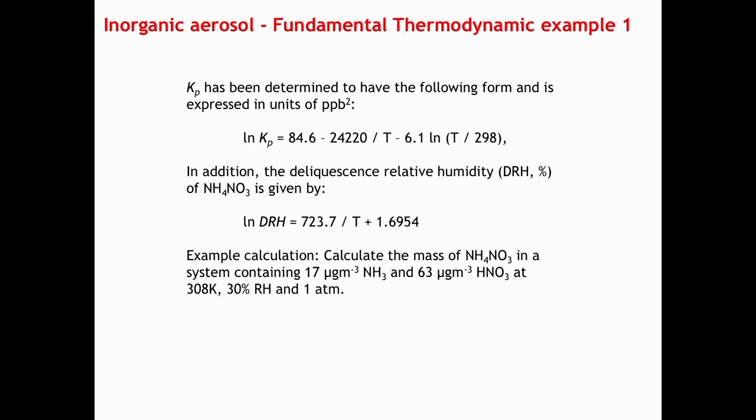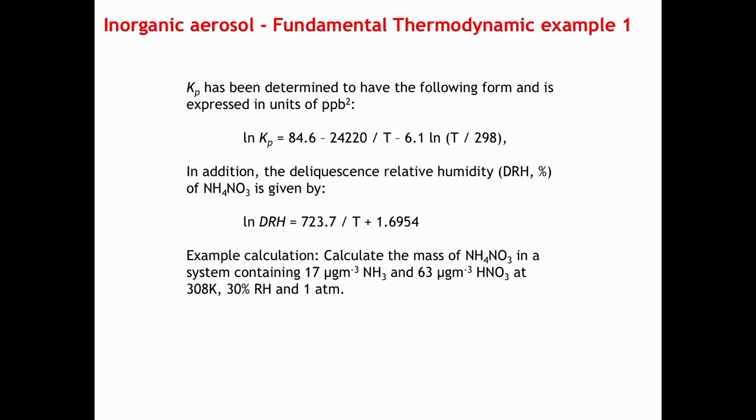You've got 1 micromole of each per cubic metre. So you know how many cubic metres are occupied by 1 mole, and you know what 1 micromole is. So you can calculate the partial pressure in parts per billion. And it turns out that you've got 25 parts per billion of each.